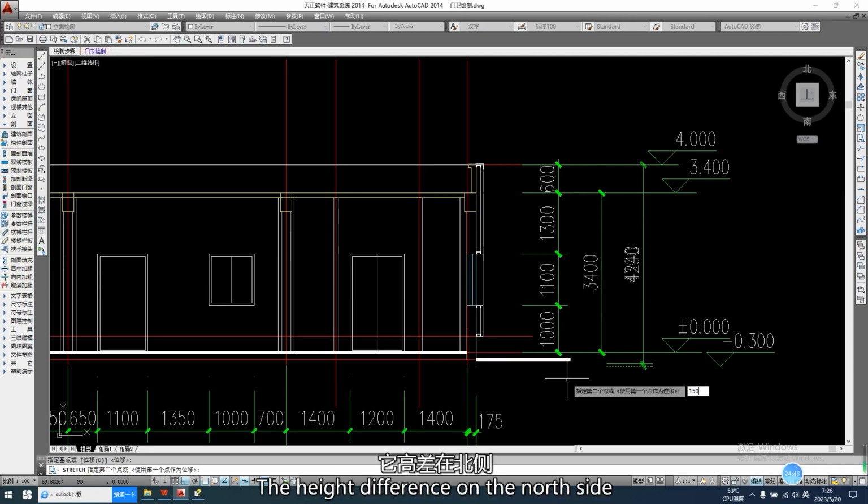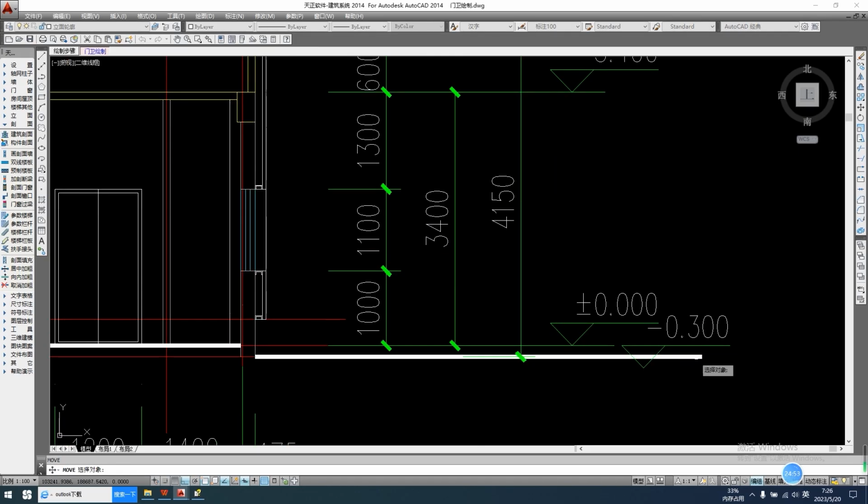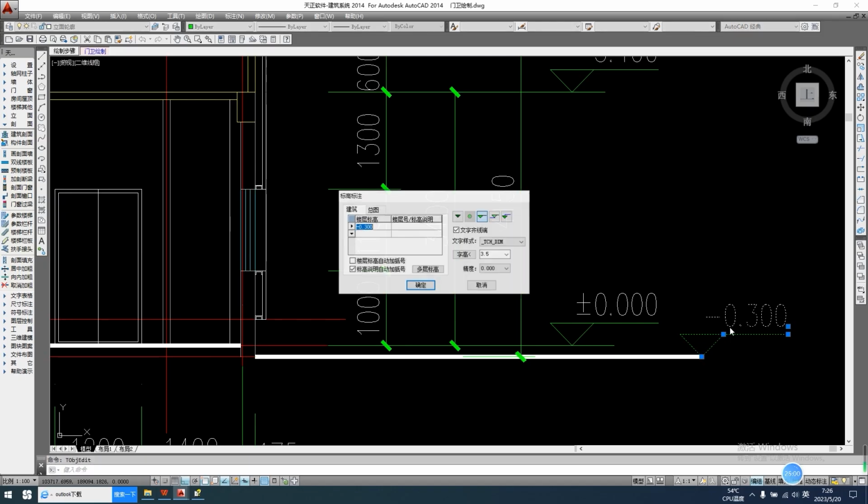The height difference on the north side is only 150, 0.150.